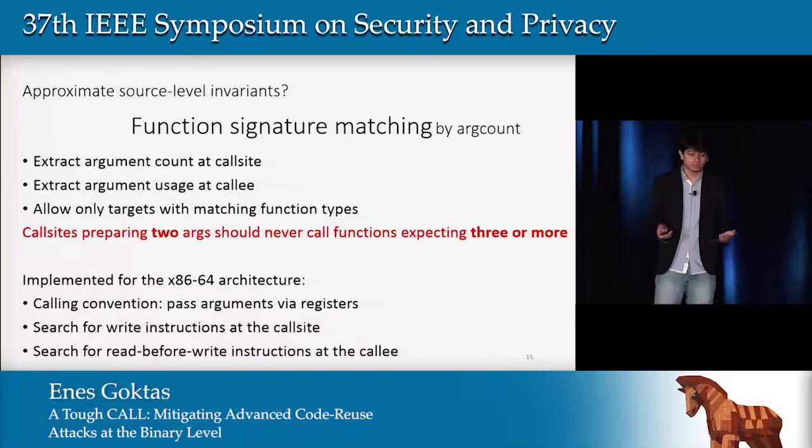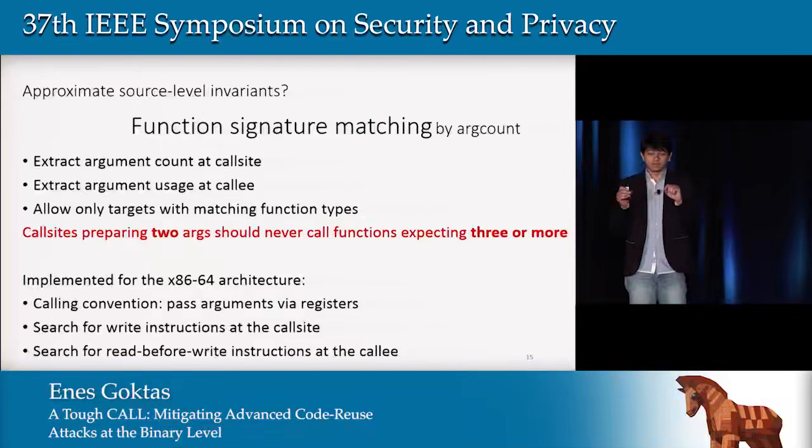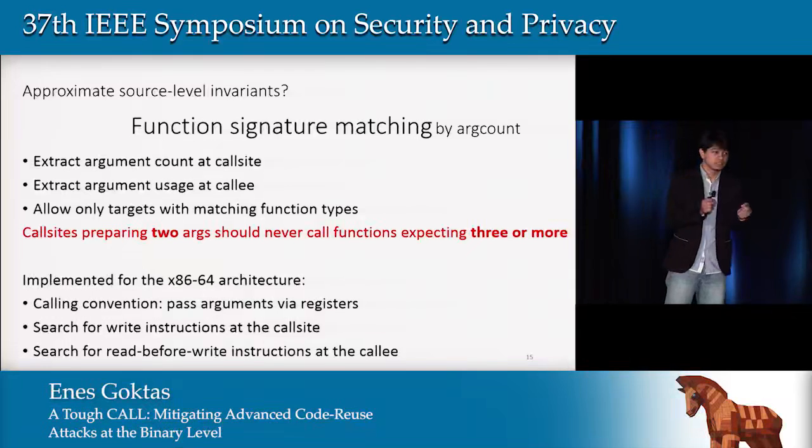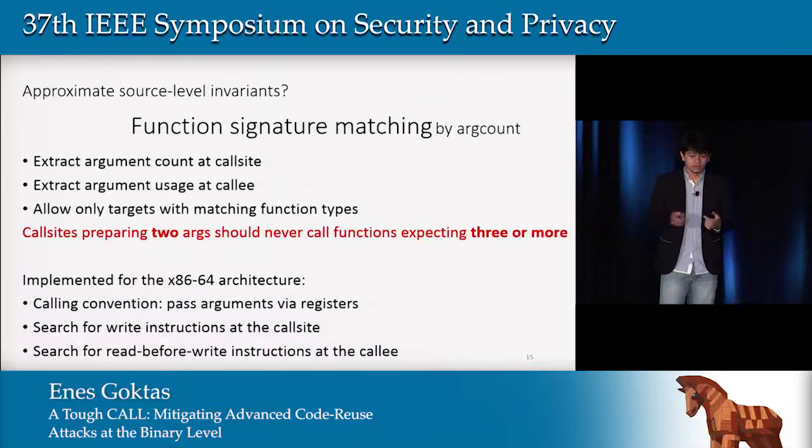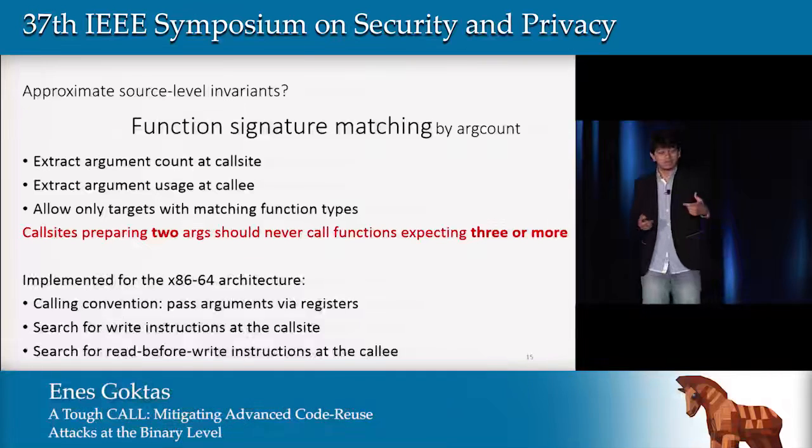So when we do the analysis at the indirect call site and the functions, at the indirect call site we look for instructions that write to these register arguments. And at the functions, we look at instructions that read the register argument before it is written, so it uses the value that has come in to the function.